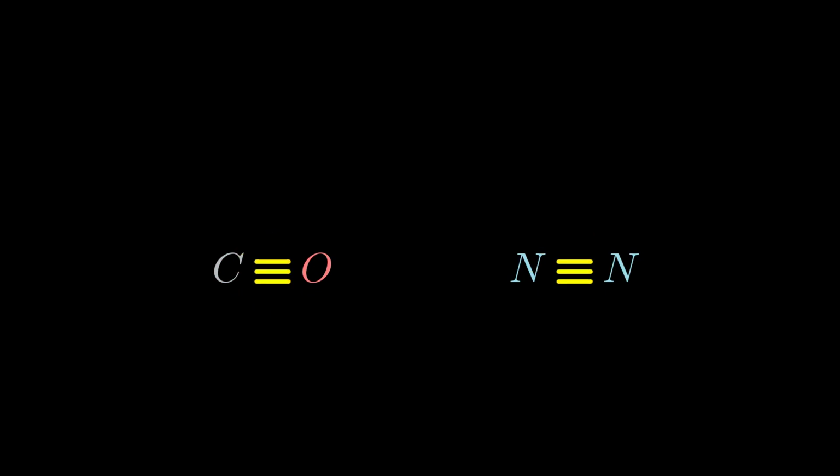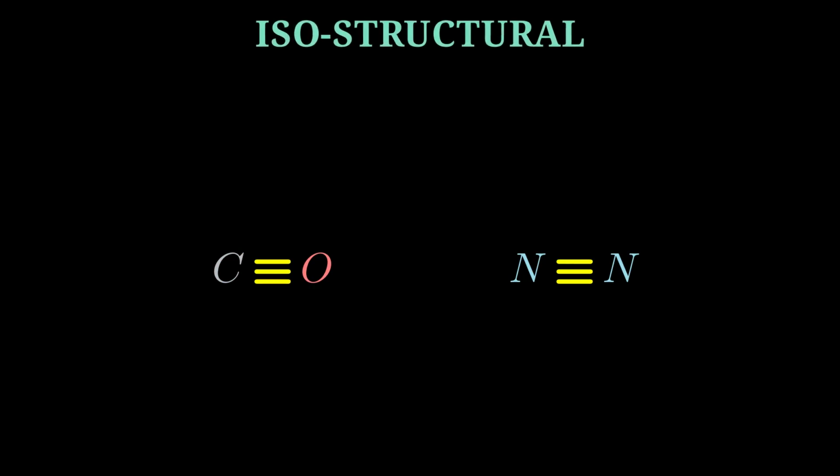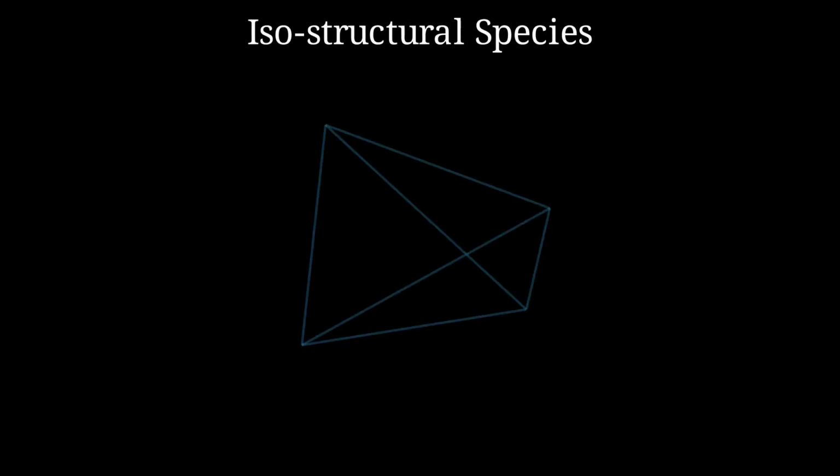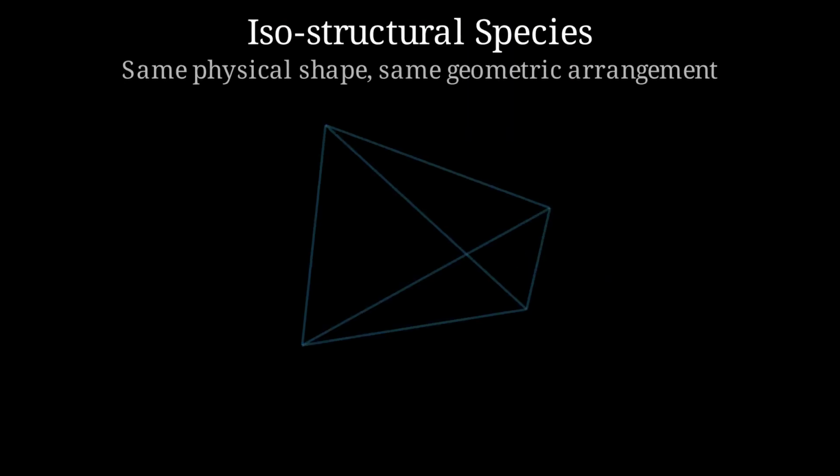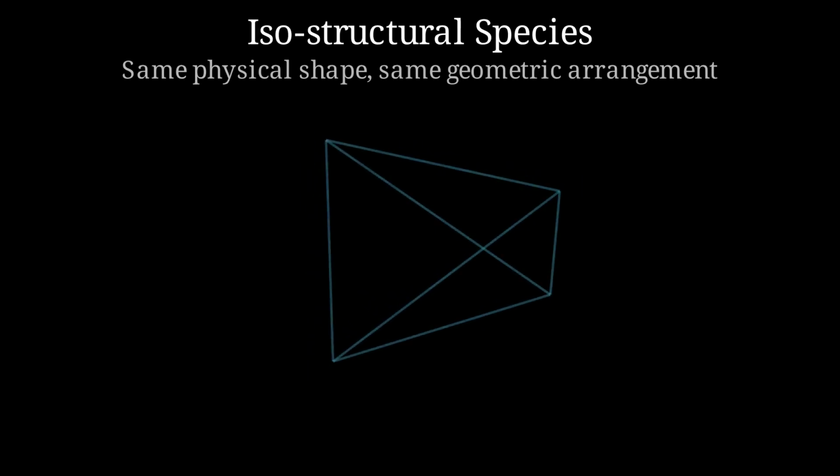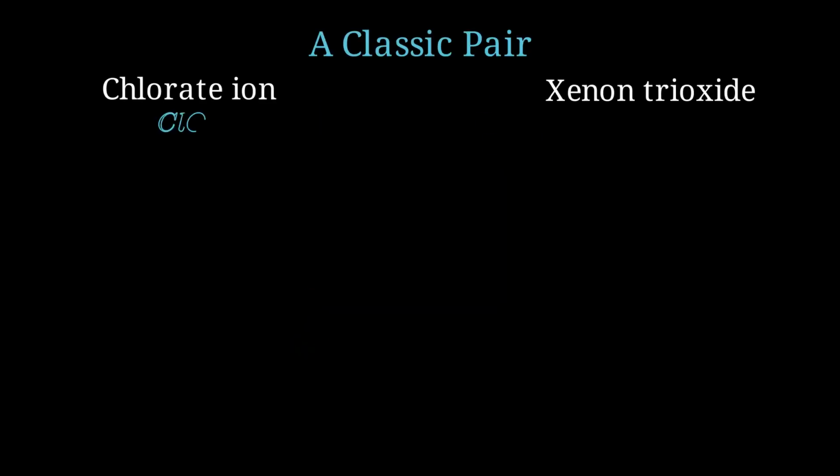This brings us to our second concept, isostructural compounds. Isostructural species are molecules that have the same physical shape and geometric arrangement of atoms, regardless of which elements are involved. Think of it as using the same 3D mold but pouring in different materials. Let's look at a classic pair, the chlorate ion and xenon trioxide.